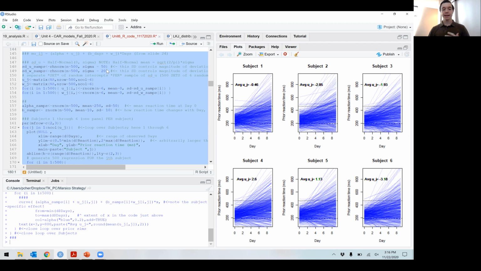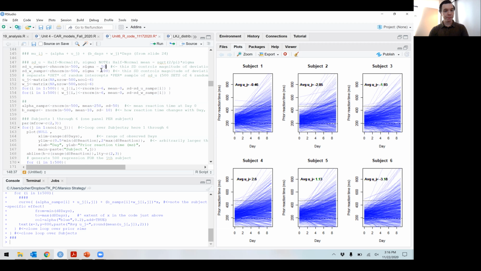Said another way, if my subjects have different slopes, that almost always induces different intercepts. Here, I will make it sort of obvious by pumping up the between slope standard deviation and pumping down the between intercept standard deviation. And here's what this looks like.